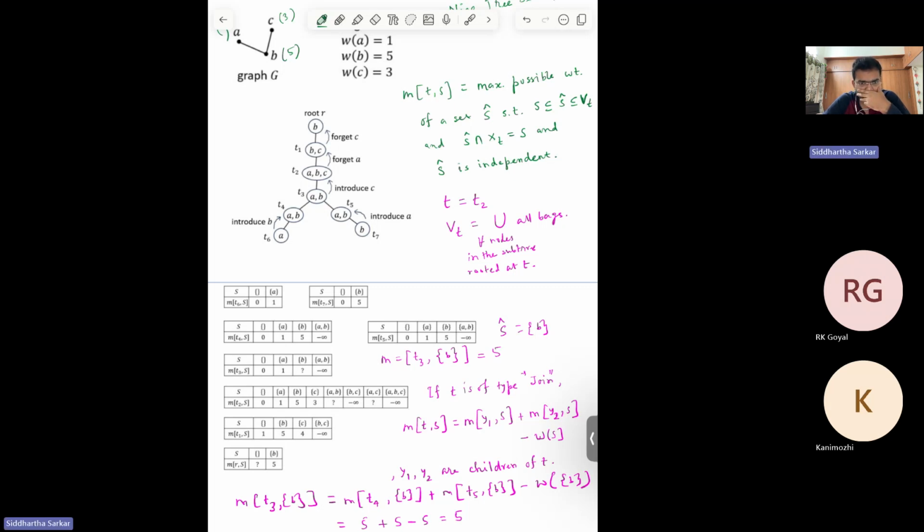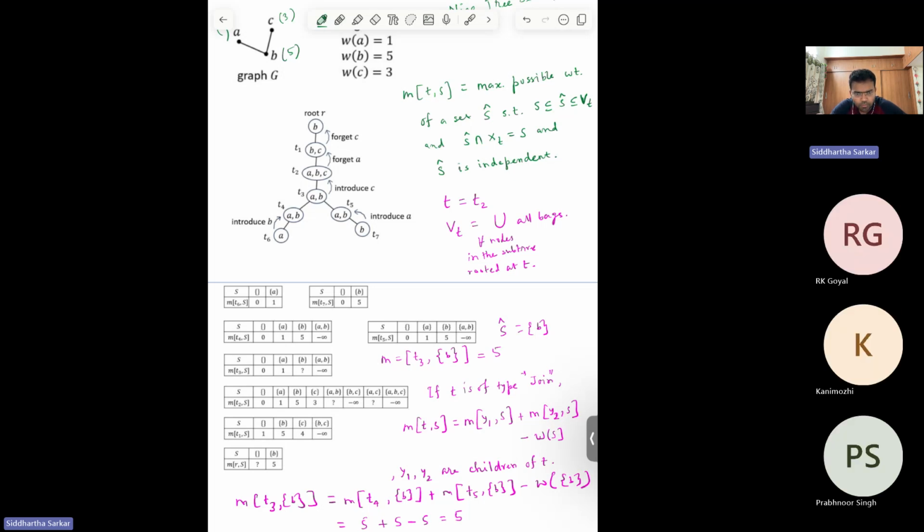So I can see at least three problems. Other than weighted independent set, this coloring problem, this dominating set problem, and the Steiner tree problem have been handled using this tree decomposition. And along with that, the clever use of balanced separators has helped in designing FPT approximation algorithms for a number of problems.